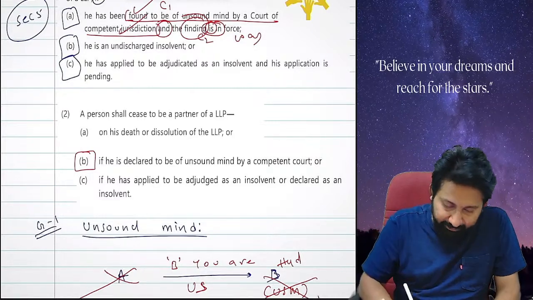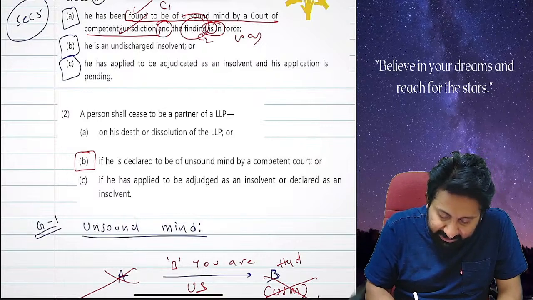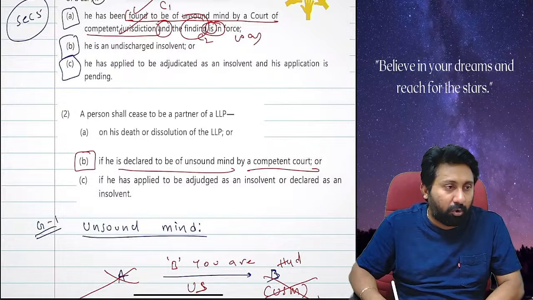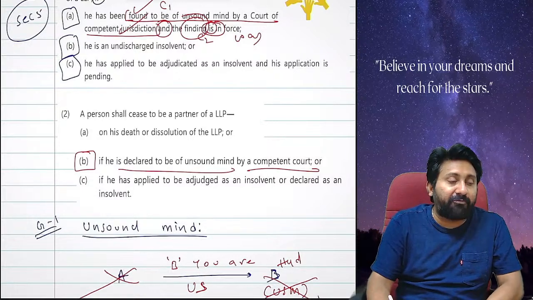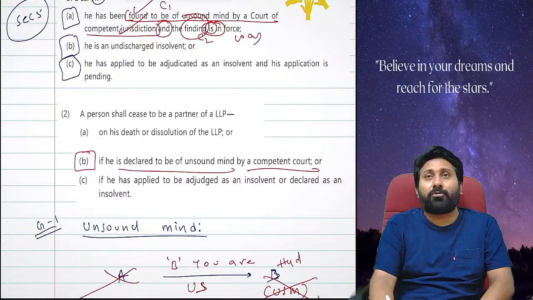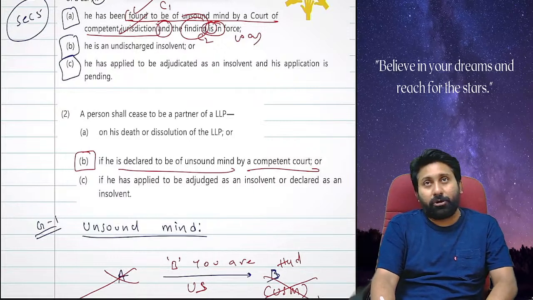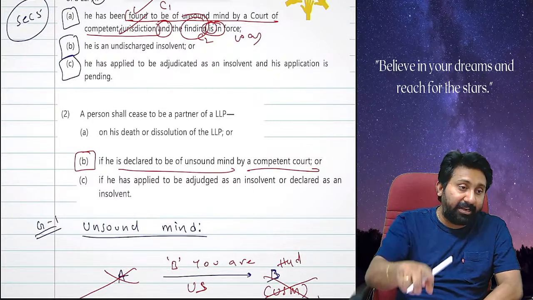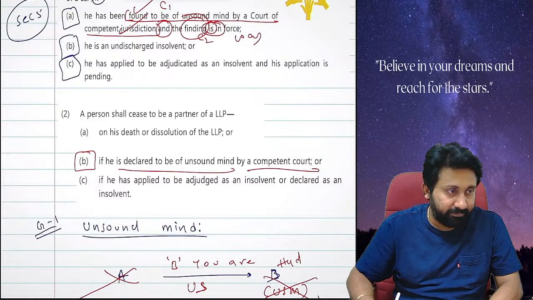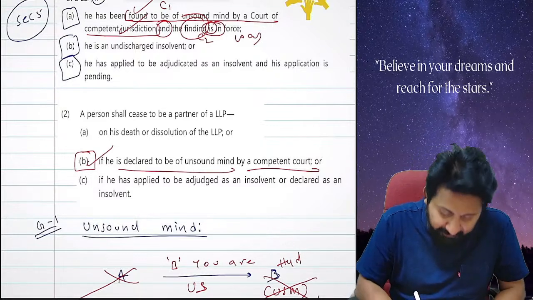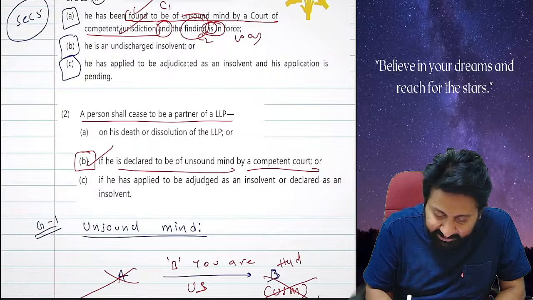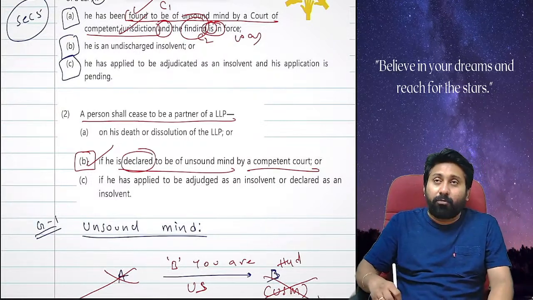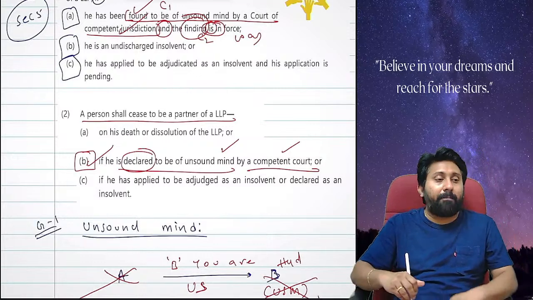Okay, let's see. If he is declared to be of unsound mind by a competent court, in such case, your office will be continued or ceased? It is vacated with immediate effect. Okay, so let's read. A person shall cease to be a partner of LLP if he is declared to be of unsound mind by a competent court.